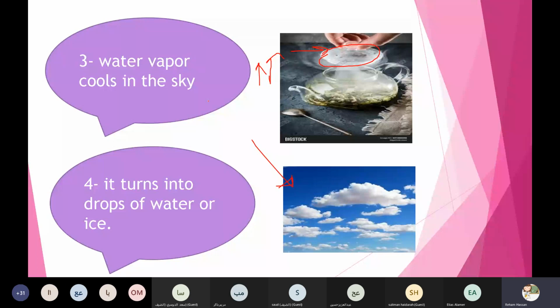When the water vapor is in the sky, now it cools in the sky. Yes, Faleh. When it's cold, it turns into the clouds. Thanks a lot, Faleh. Yes, Amr Haytham.